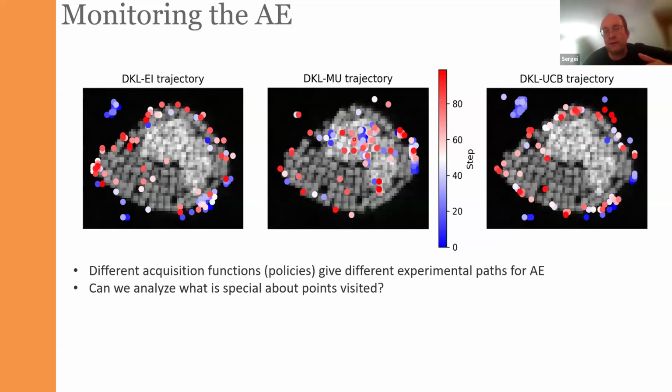If we don't have any exploitation target, we only explore, then interesting things happen here. But notice that both the UCB and expected improvement in the beginning, for whatever reason, decided to explore this region. So I suspect that there is something there that is registered on the EEL spectrum. I just don't know what it is. But the maximum uncertainty policy did not do that.